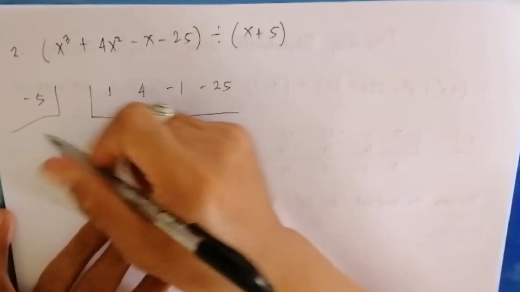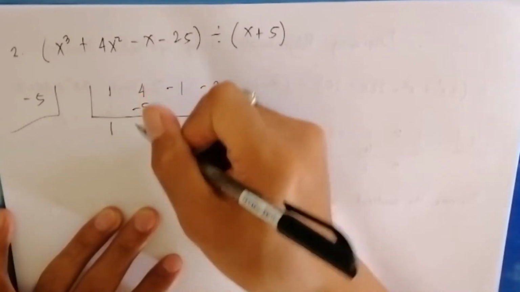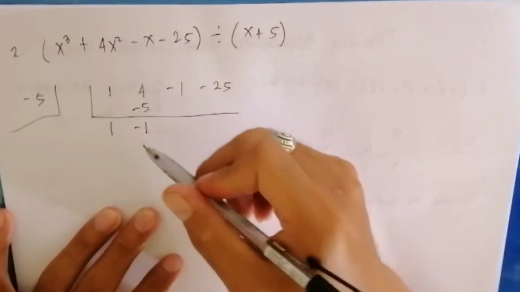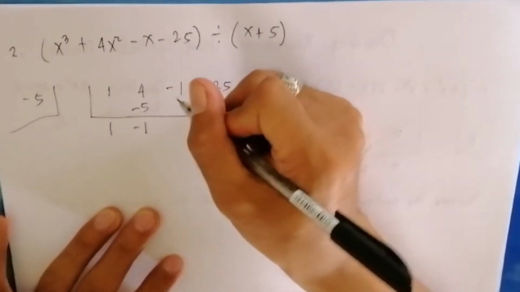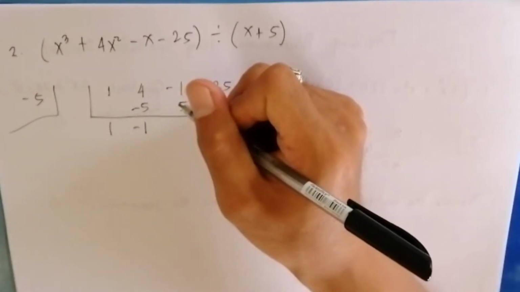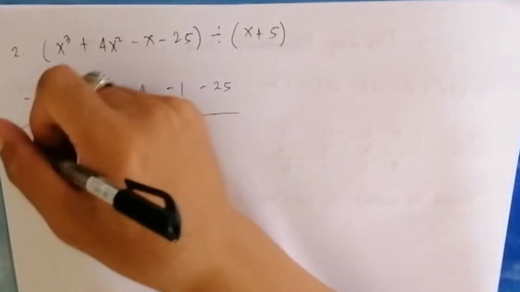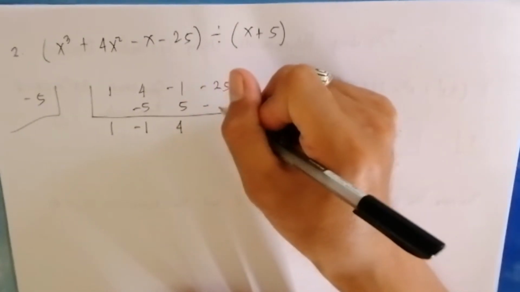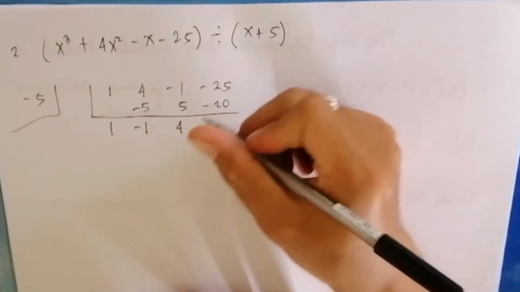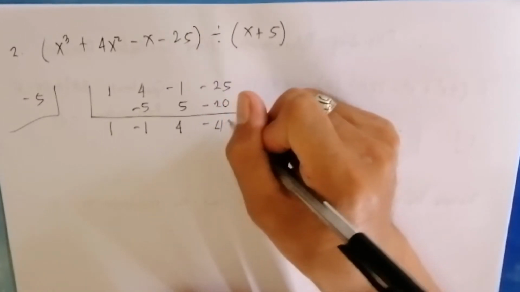Okay, bring down 1, multiply by negative 5, add negative 1. Negative 1 times negative 5, that is positive 5. Negative 1 plus 5, that is 4. 4 times negative 5, that is negative 20. Then add, so that is negative 45.